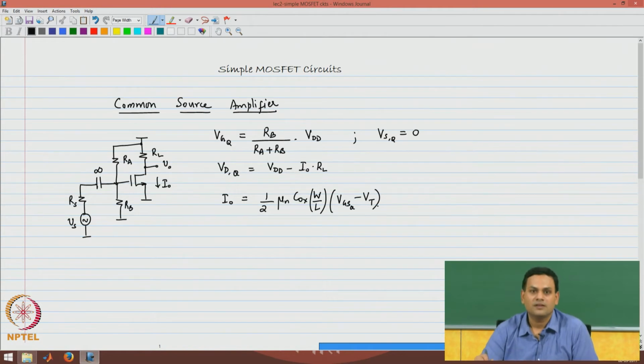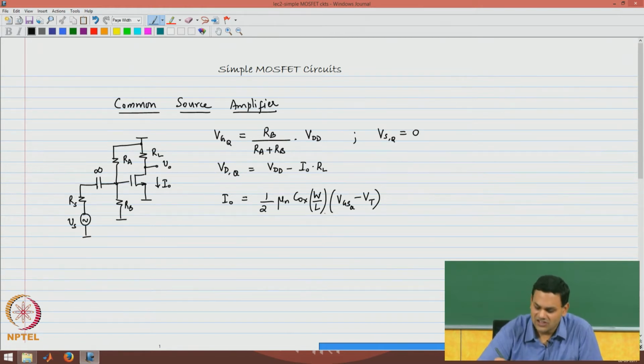Please note that normally to calculate the operating point for hand analysis, we do not consider the RDS of the MOSFET. So, we do not consider any dependence on the drain source voltage. And by writing this equation, we have also assumed that the transistor is properly biased in the saturation region.